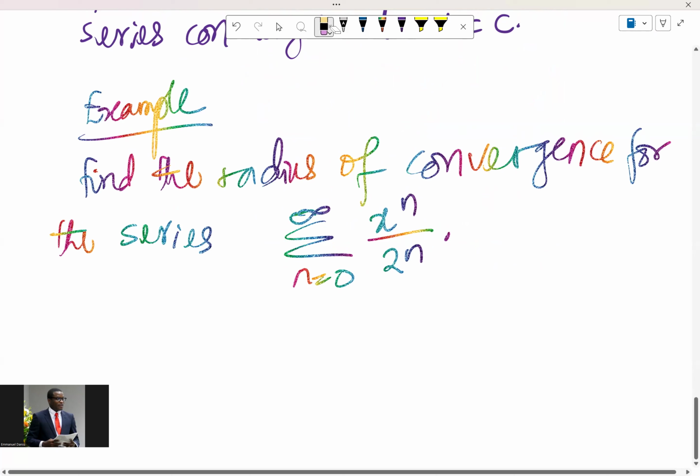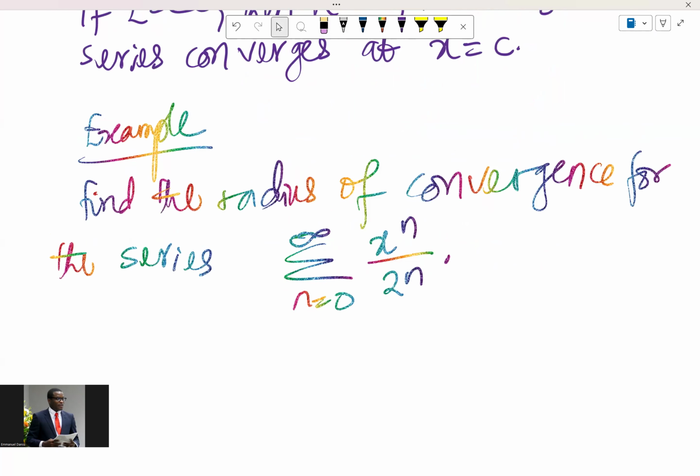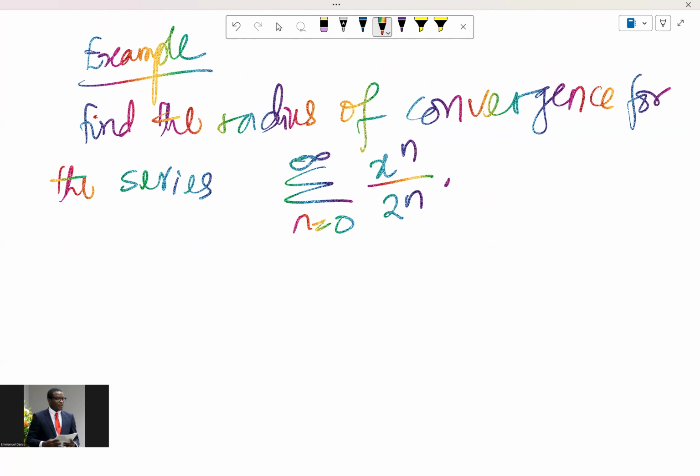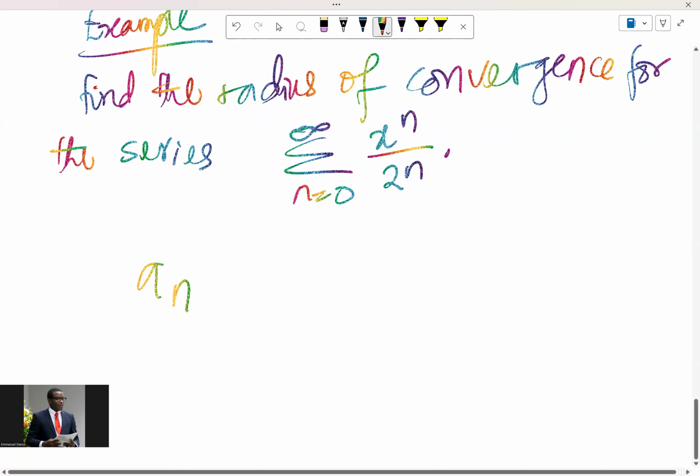Okay, so normally we should find the radius of convergence for the series. Here we have the a_n. Our a_n is 1 over 2 raised to power n.